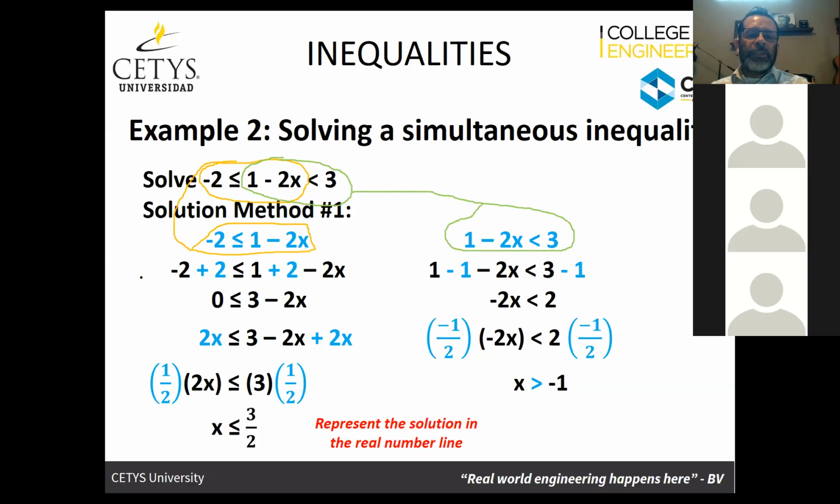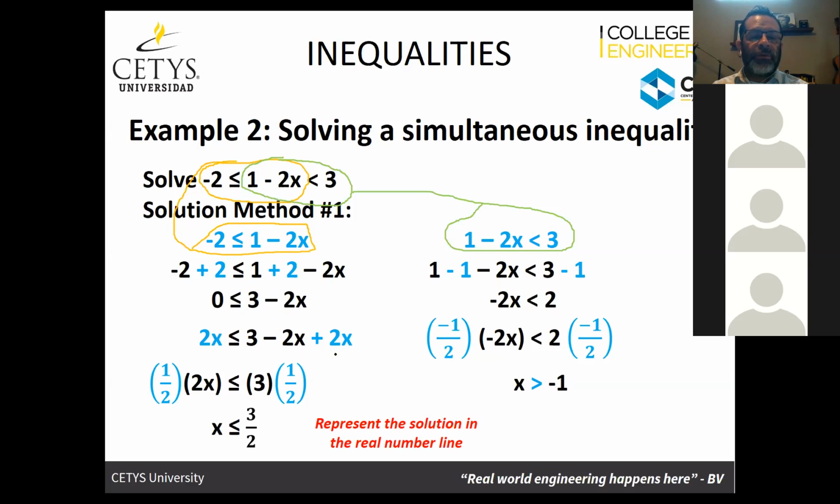Okay. And so in the case of the first inequality, we're going to solve it with a similar procedure to that we saw before, that Estrella showed us in her procedure and that I showed here. We've got a -2 here. We're going to add a 2 on each side to eliminate this one. That gives us 0 less than or equal to 3 minus 2x.